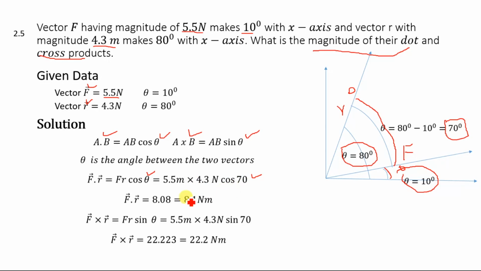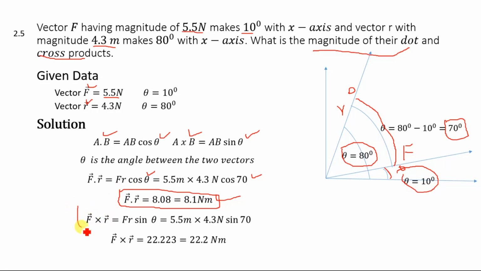Substituting the values and solving, we will get F dot r is equal to 8.08, which is equal to 8.1 Newton meter. Now this dot product is energy or work.